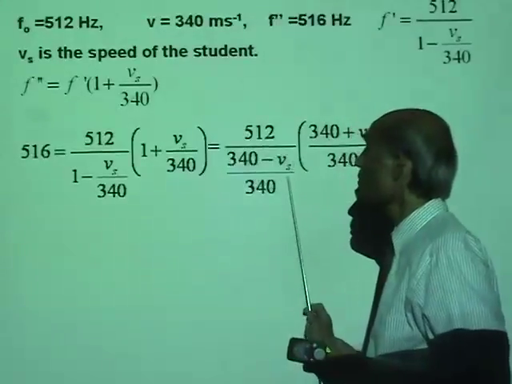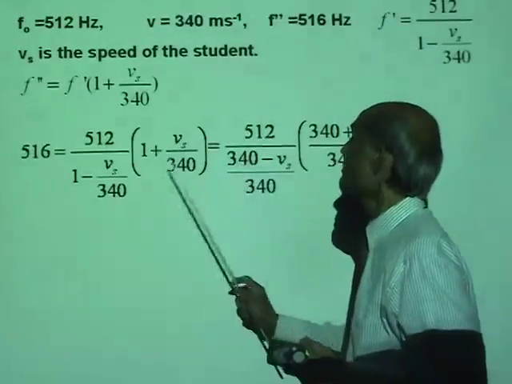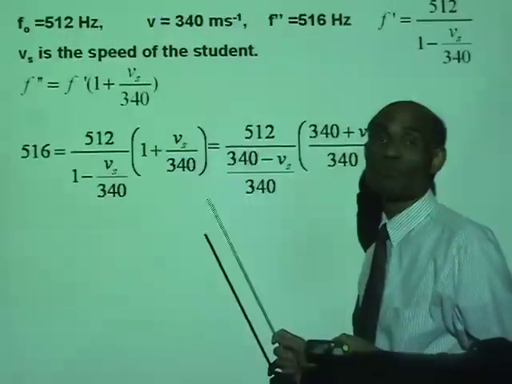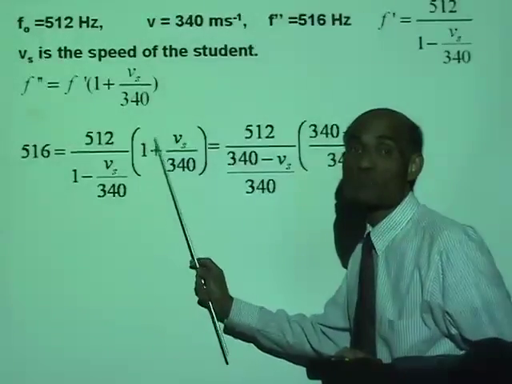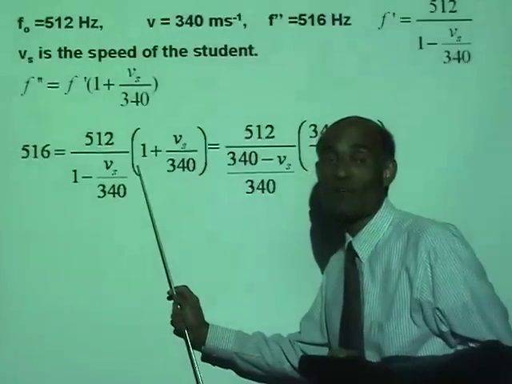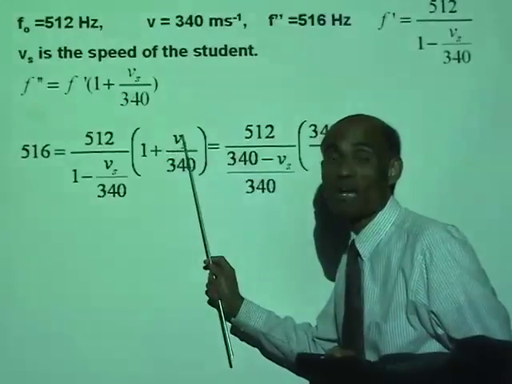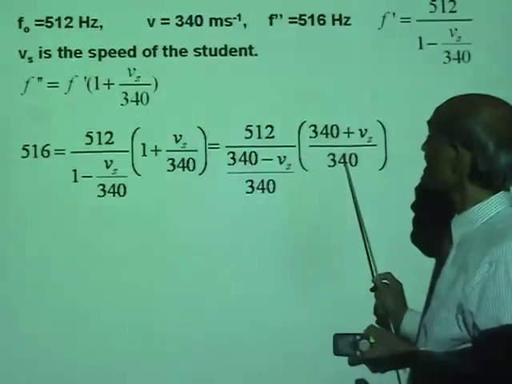That is this quantity. So this now becomes 512 divided by 340 minus Vs over 340 multiplied by, again, this is simplified by taking 340 as the common denominator. That becomes 340 plus Vs all over 340. That is this one.